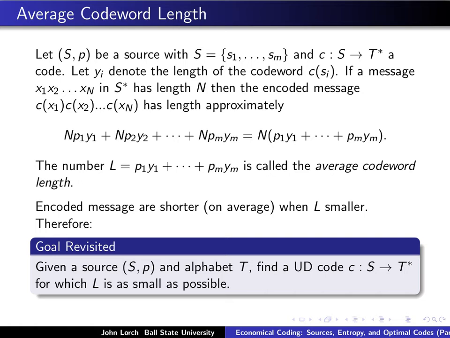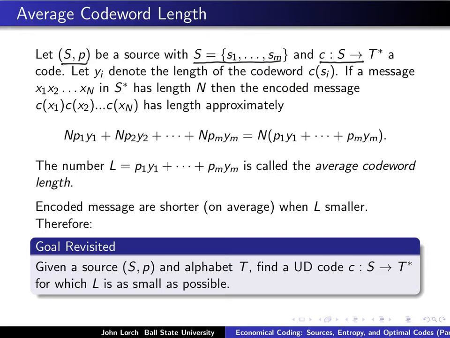Now that we've introduced a source, we can introduce the idea of average code word length. We start with a source (S, P), which you recall consists of an alphabet S together with a probability distribution P that tells us the probability of a given letter occurring in a given location. To this mix, we're going to add a code.